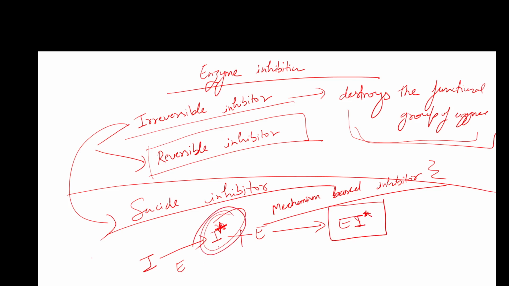This inhibitor is more potent than the original one. So it utilizes the enzyme's machinery only to become a more potent inhibitor that can block the activity of the enzyme.